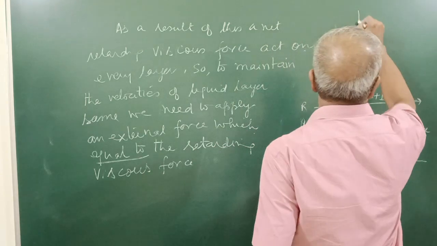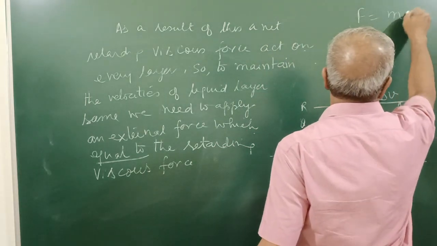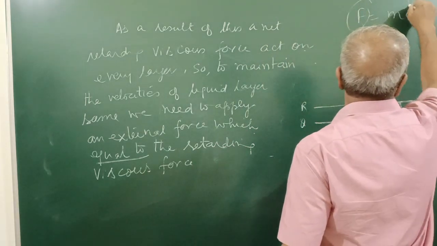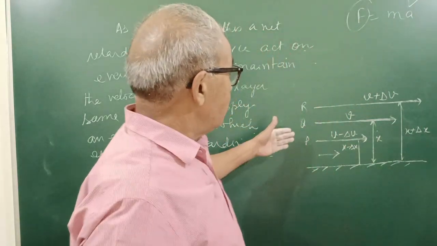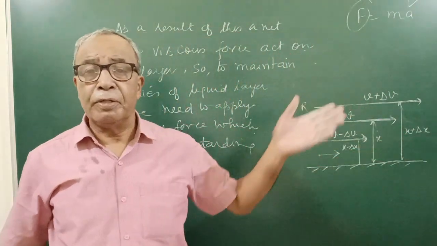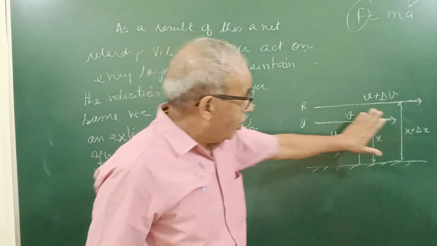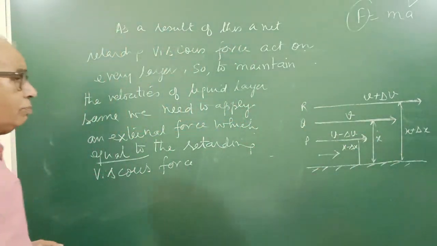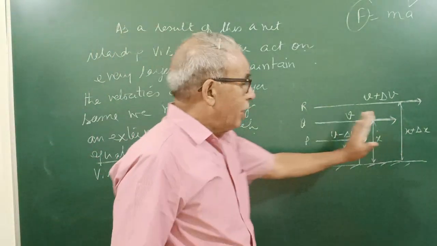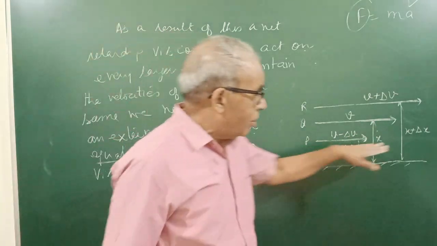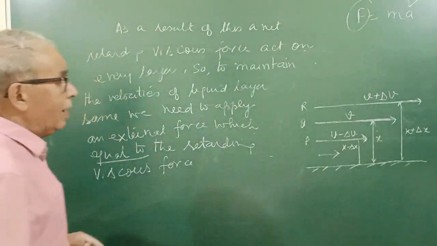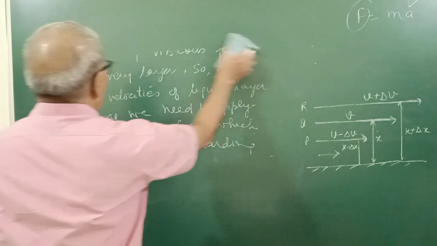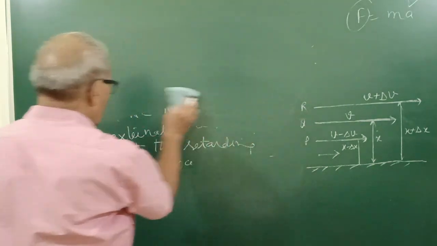You know from Newton's second law, F is equal to ma. If there is a net force and acceleration, then the velocity of every layer will start increasing. So to maintain the flow streamline, or laminar, we need to apply a force which is equal to the viscous force.